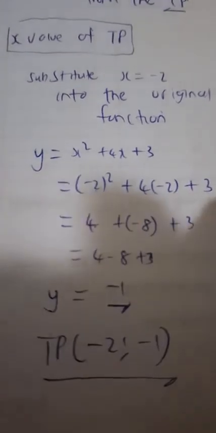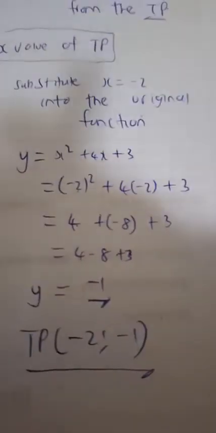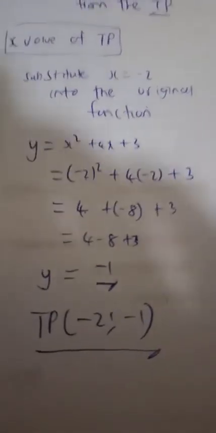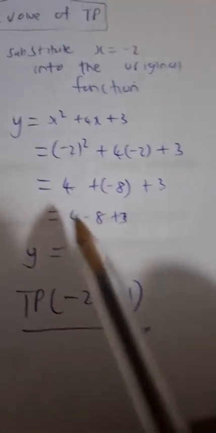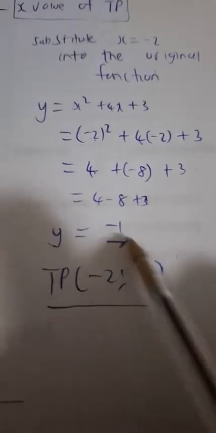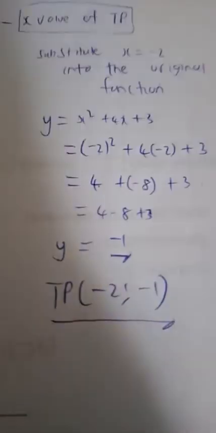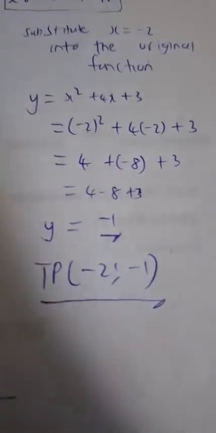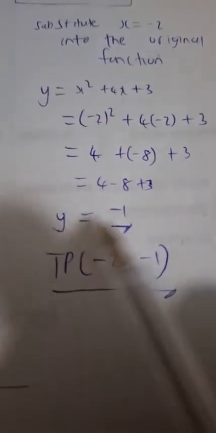And please guys, the simplification should be of no problem, because substitution and simplification are things we did in grade 8 and 9, so we shouldn't be making any silly mistakes with the signs and with the addition and so forth. Your calculator is there, you just substitute everything and make sure your mode is appropriate, and then you get the answer. So y is equal to -1. The x that you got was -2 for your turning point, and the y is -1.